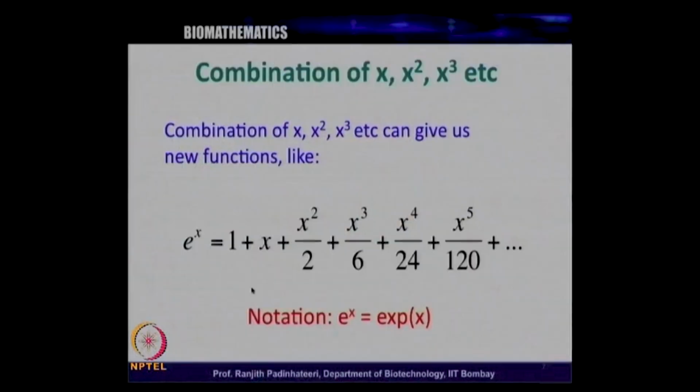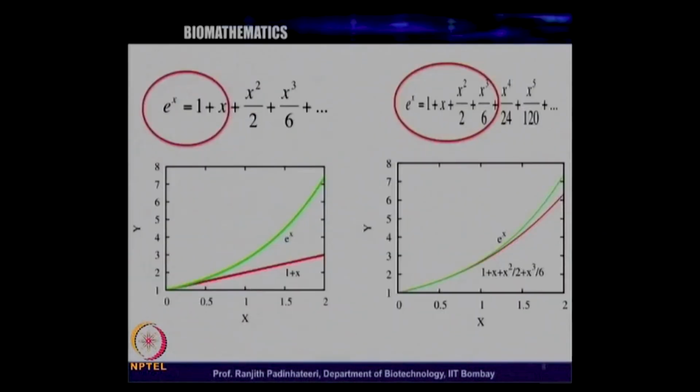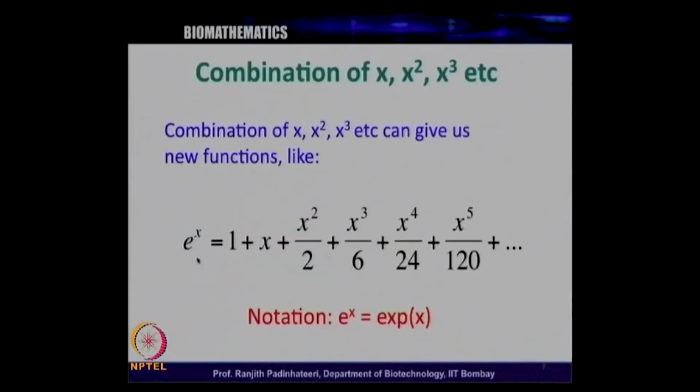Last time we said a very simple, very well known function called the exponential function, and we expressed it as a combination of x power 2, x power 3, etc. So let us just remind ourselves what we wrote last time. We wrote e power x equal to 1 plus x square by 2 plus x cube by 6 plus x power 4 by 24 plus x power 5 divided by 120 plus dot dot dot.